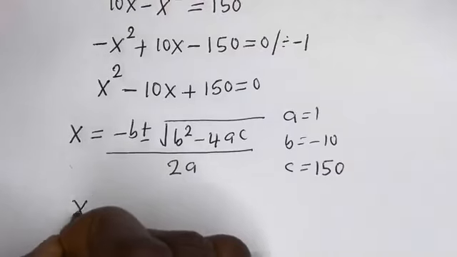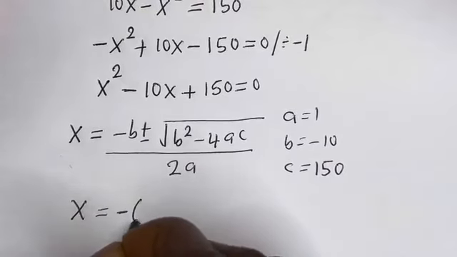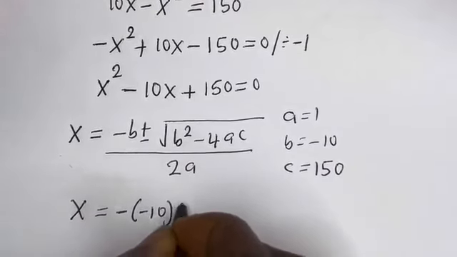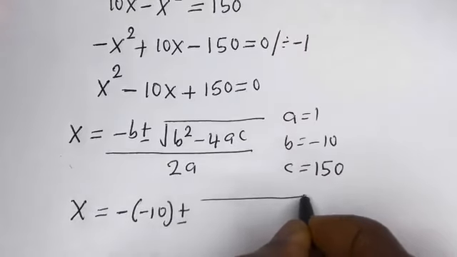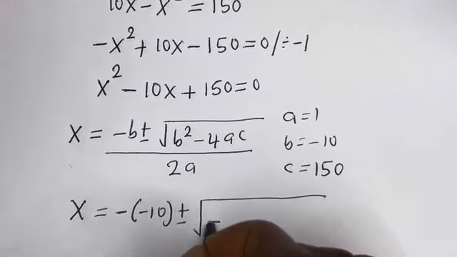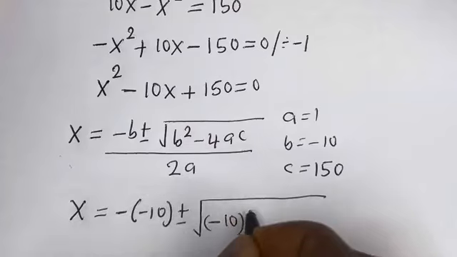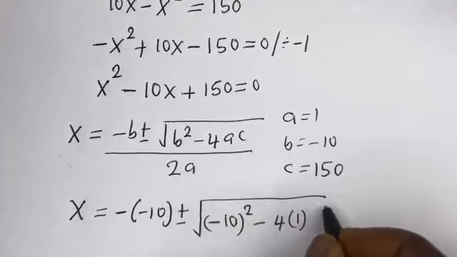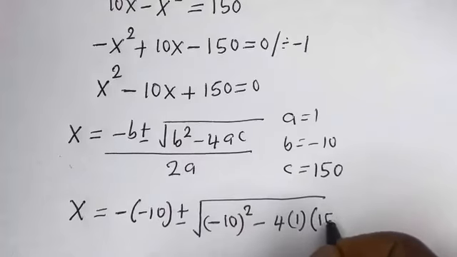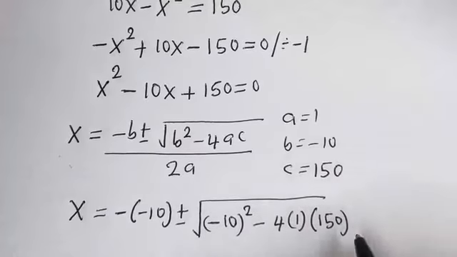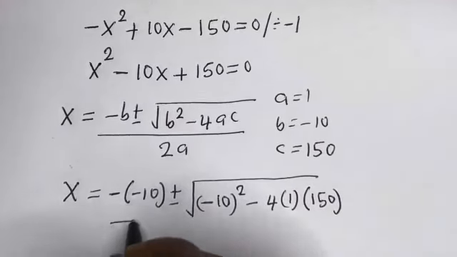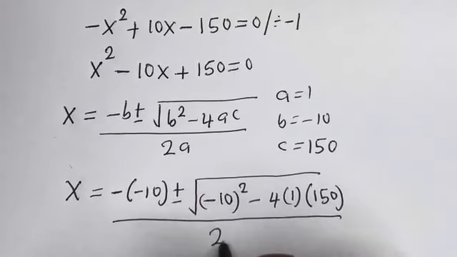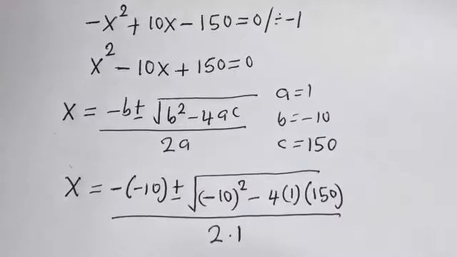Then s will be equal to minus (minus 10) plus or minus square root of (minus 10) squared minus 4 multiplied by 1, which is a, multiplied by 150, which is this c. Then everything over 2 multiplied by 1.